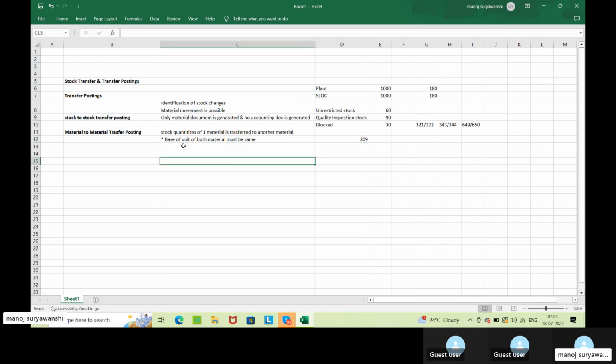Now let us take an example for material to material transfer posting. In material to material transfer posting, we transfer the stock of one material to other material. Now suppose there are two types of cheese. One is young cheese and the other is mature cheese.